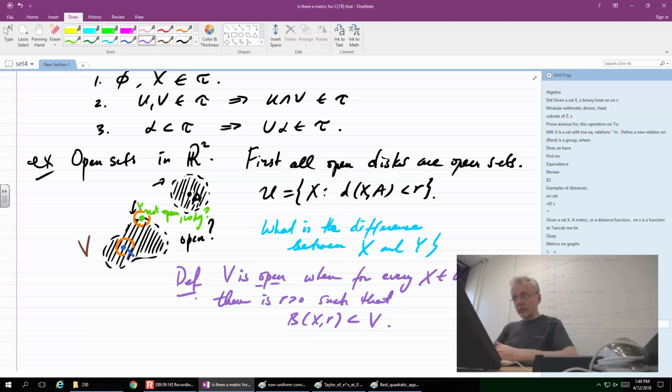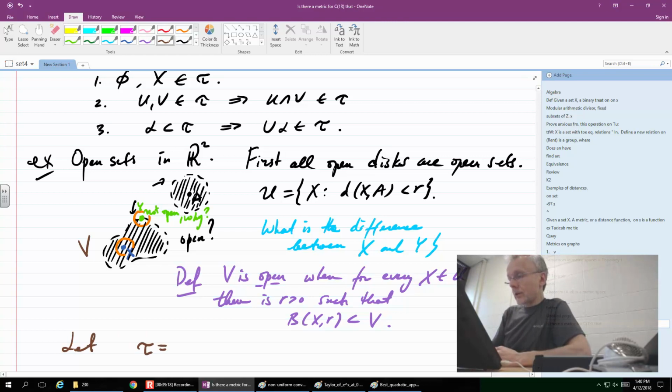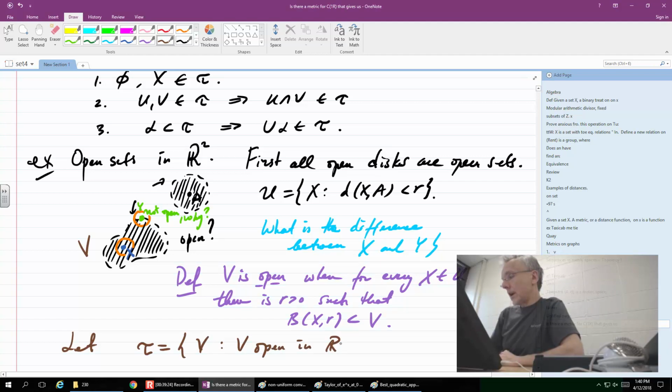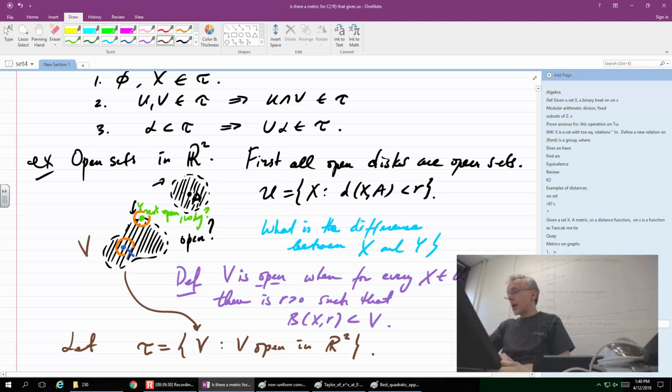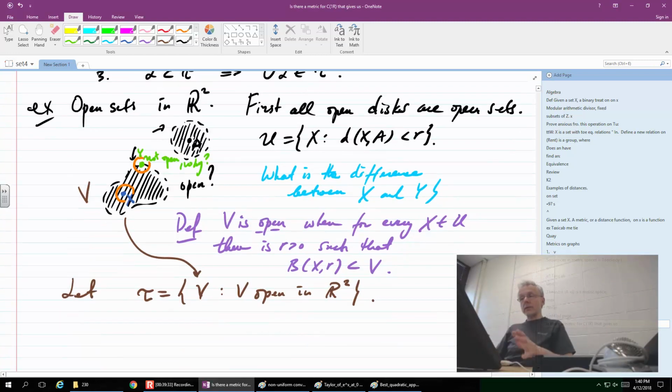But that's an open set, and now let's take the collection of all open sets. The way we are proceeding is tau is equal to V open in, say, R2. Then this one certainly is here, that one satisfies the property. This collection includes all the balls, but also there are certainly open sets that are not balls. You can take two balls and put them together.